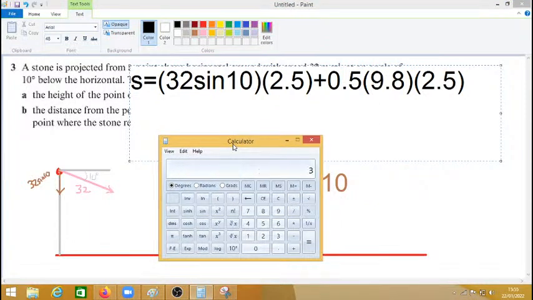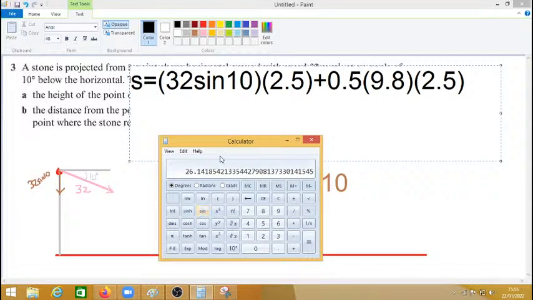Let's type that in. So 32 times sine of 10 times 2.5 plus 0.5 times 9.8 times 2.5.